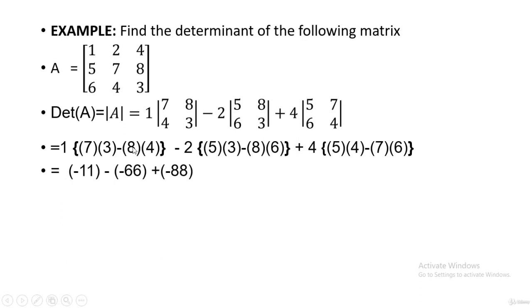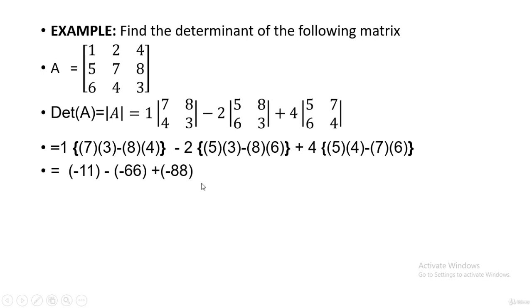Now I've used some basic arithmetic and calculated it, and the results are minus 11, minus into minus 66. I multiplied, subtracted, and then multiplied it by 2. The final answer I got is minus 66.